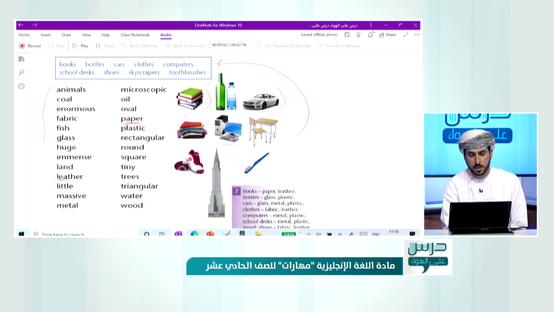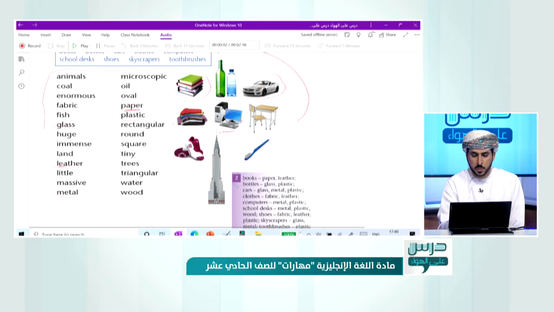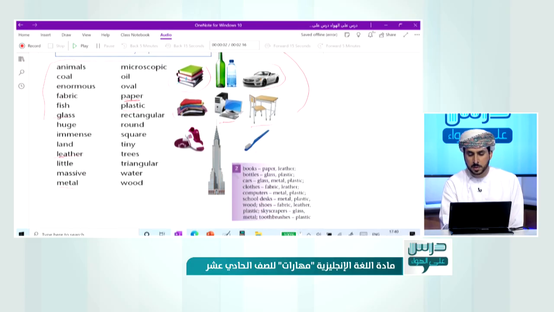From the photo of the car, we can see easily that cars are made of glass, also metal, and also plastic. Okay, what about clothes? Clothes are made of what? Fabric, leather, yes, very good. What about computers? Computers are made of what? Metal and plastic. What about school desks? They are made of what?